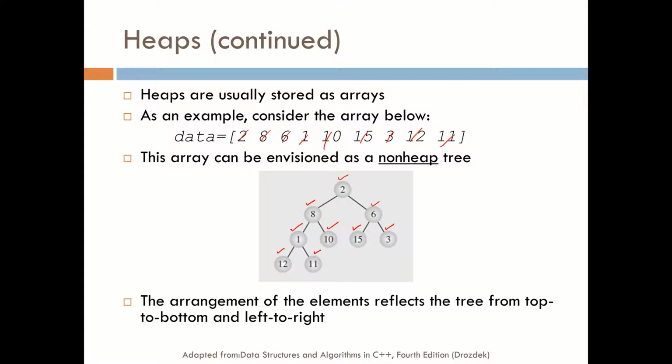And so we have taken an array and we have laid it out as a tree. We have interpreted the contents of the array as a tree, and the arrangement of the elements is basically top to bottom and left to right as shown.